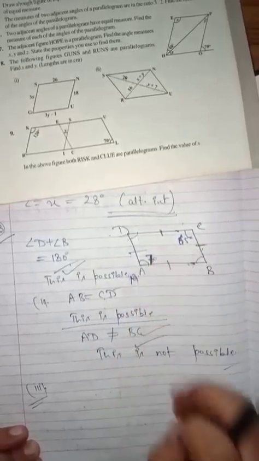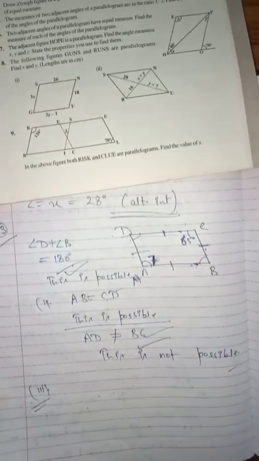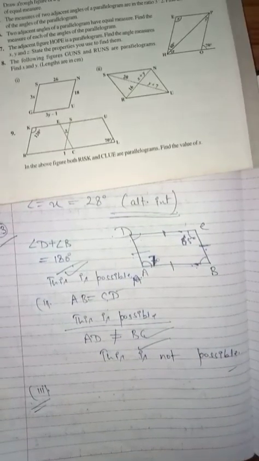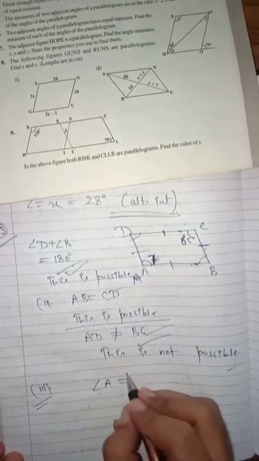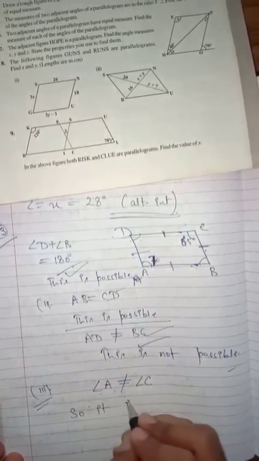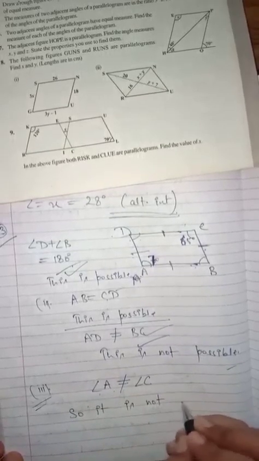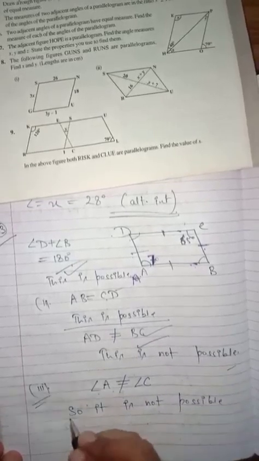Both are given unequal values, and that is not possible because we already have studied the property of a parallelogram that opposite angles of a parallelogram are equal. So angle A cannot be different from angle C, so it is not possible for a parallelogram.